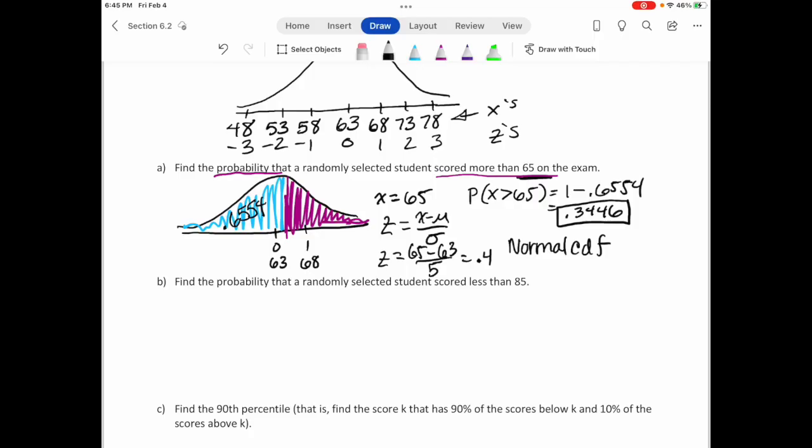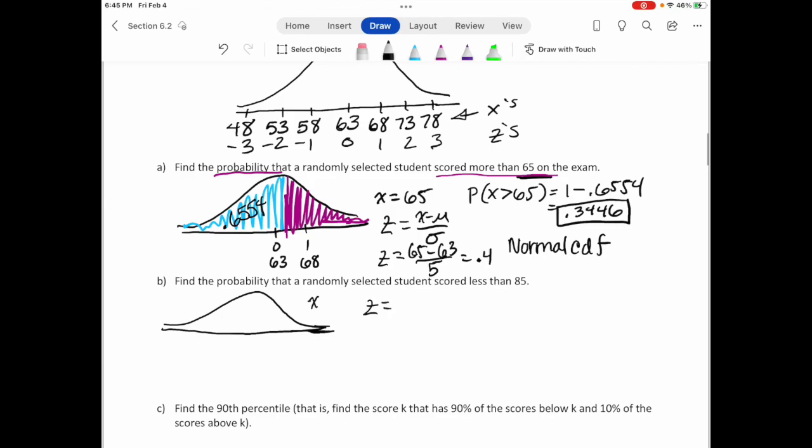Okay, for part B, it says find the probability that a randomly selected student scores less than 85. So we have our normal curve. We need to figure out the value of z that corresponds to x equal to 85 so we can look it up on our table. To find z, I take my value of x, which is 85, subtract the mean, which was 63, and then divide by my standard deviation of 5.